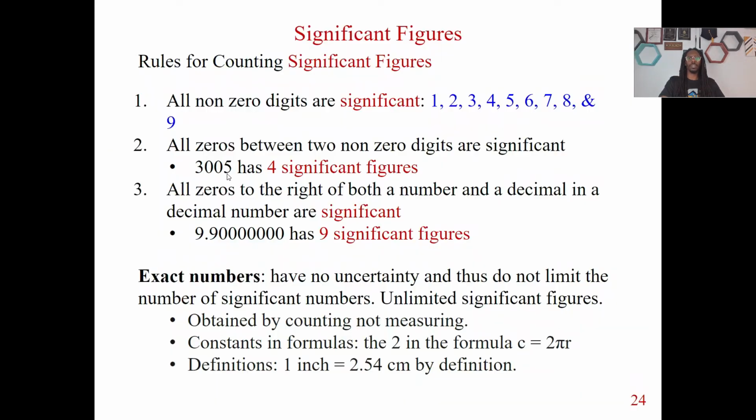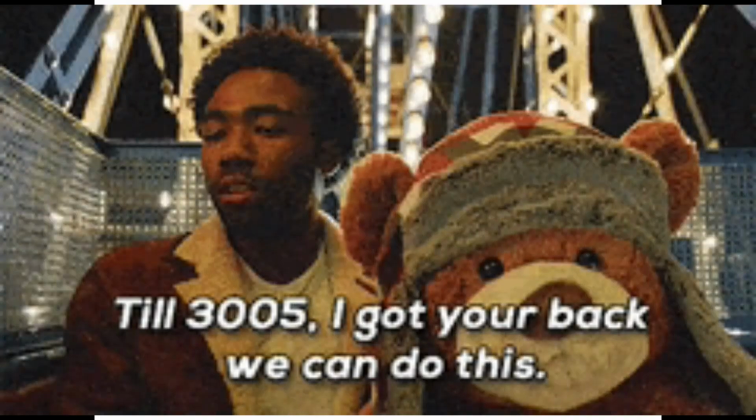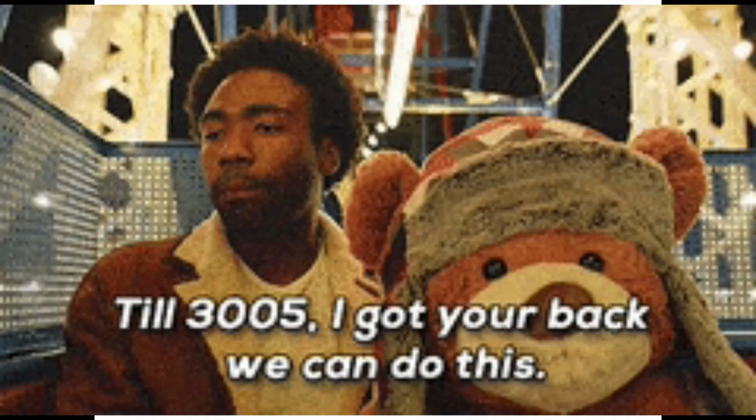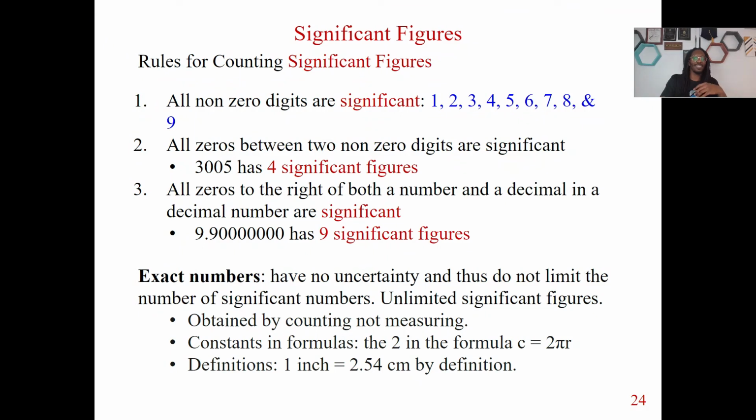With 3005, we have 2 zeros. Normally, as I said before in rule 1, if it's a 0, it's not significant. But because it's in between our 3 and our 5, these two zeros are significant.